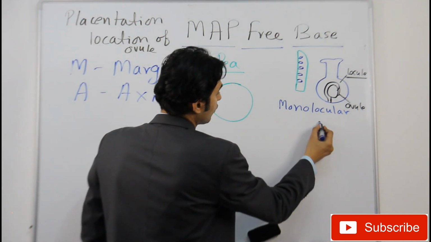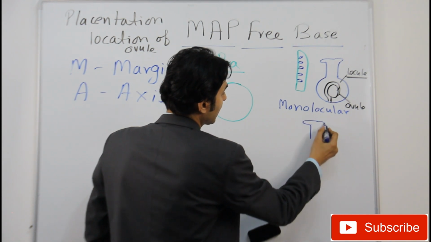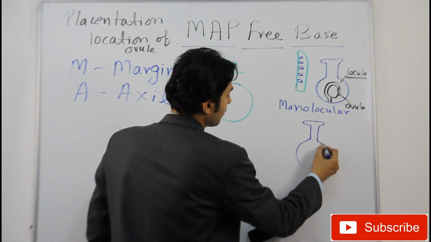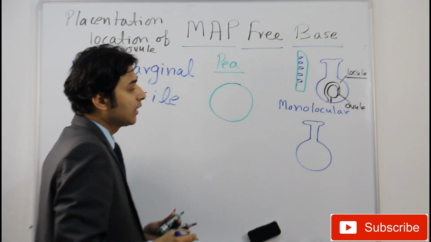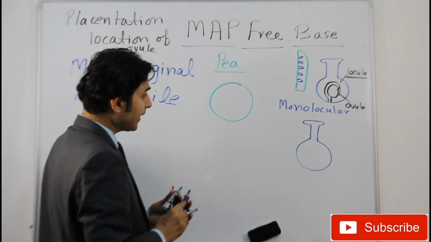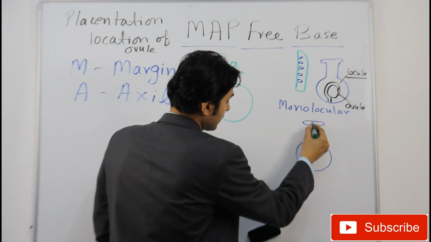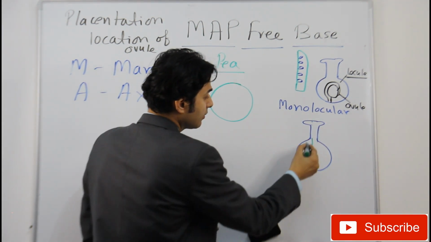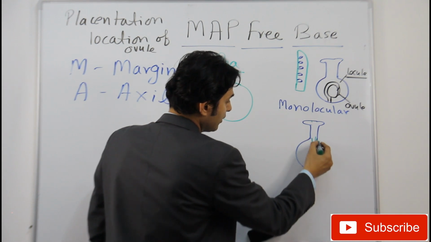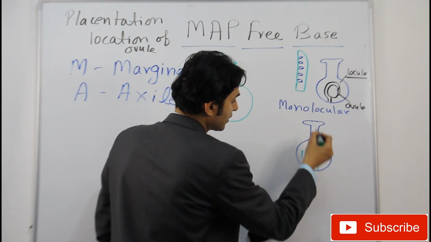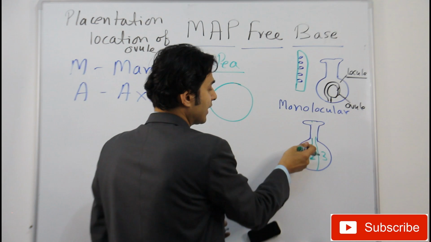Now in some cases, stigma, style and ovary. Here this is one carpel, this is second carpel, third carpel, and on the backside 4, 5, 6 carpels.